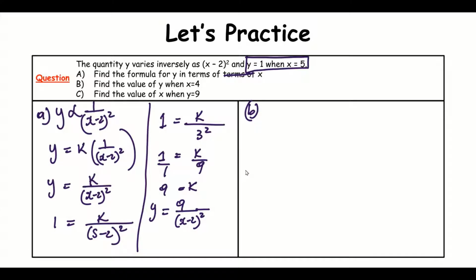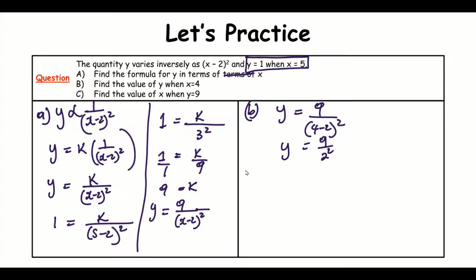So using the same formula, y is equal to 9. Anywhere I see x, I'm going to put 4. So we now have 4 minus 2 all square. So y is equal to 9 over 2 square, and we know that 2 square is equal to 4.